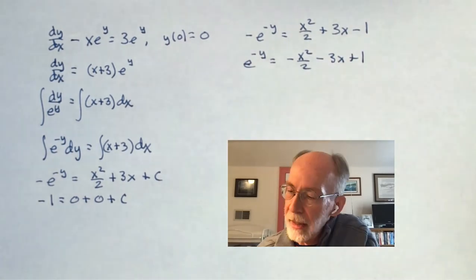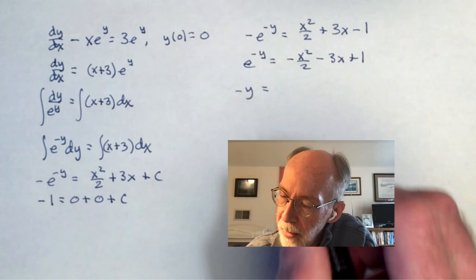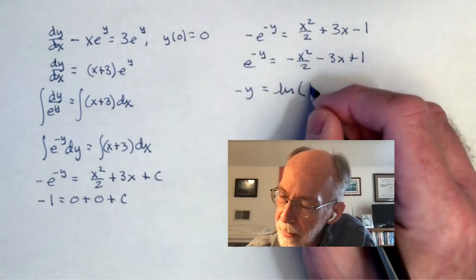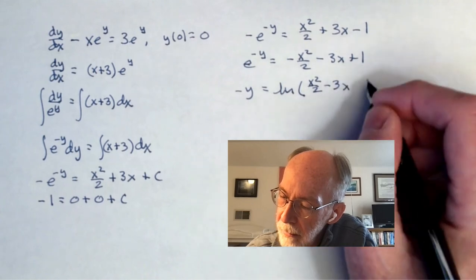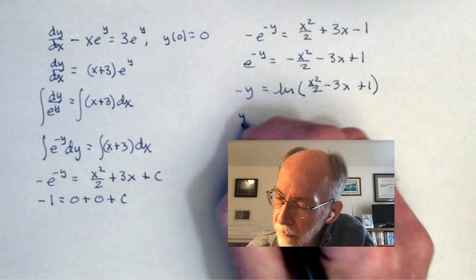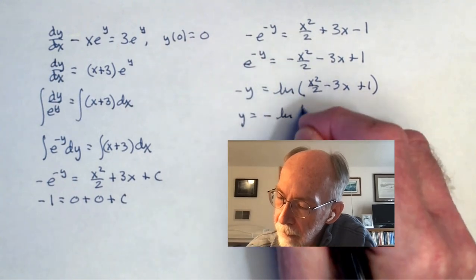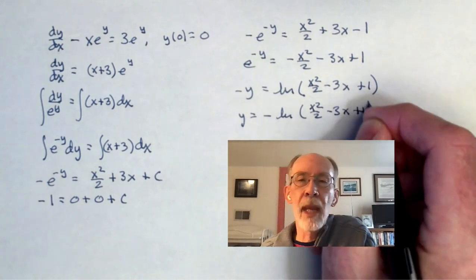Then we got to take care of the exponentiation. So opposite y equals natural log of this stuff. And finally multiply through by -1. And there we have it.